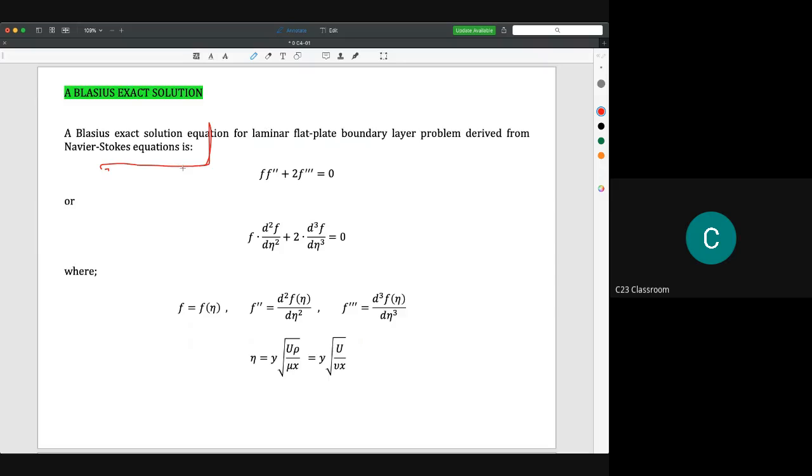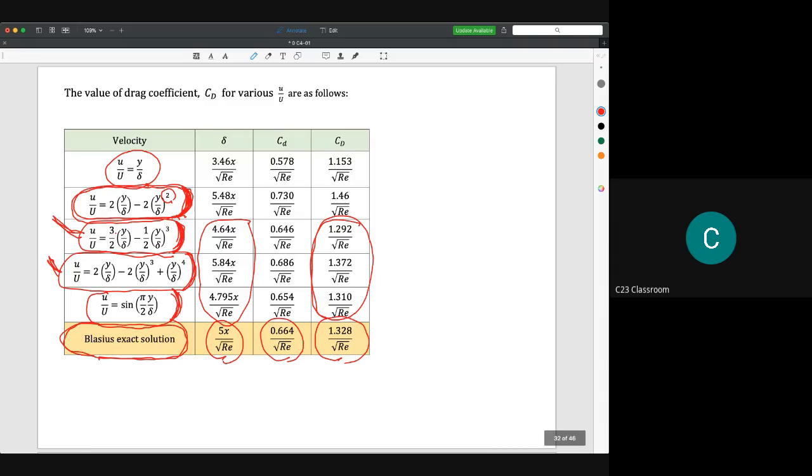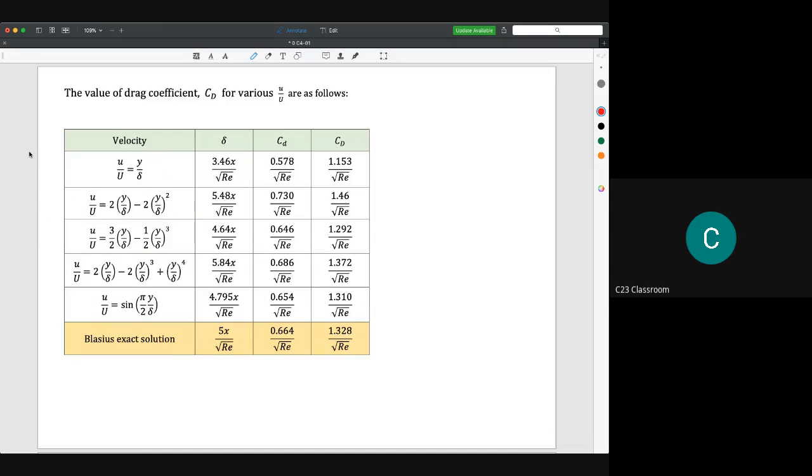But the idea that I want to make sure that you know is, okay, previously we are using the von Karman equation. So in the von Karman equation, we assume that u is equal to capital U. That's what we assume.